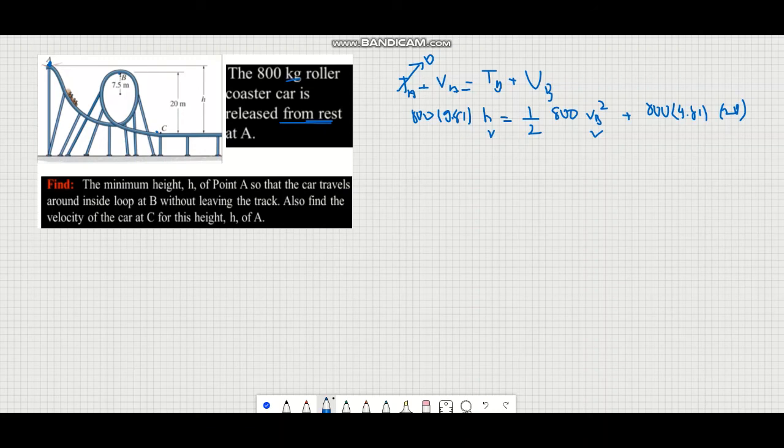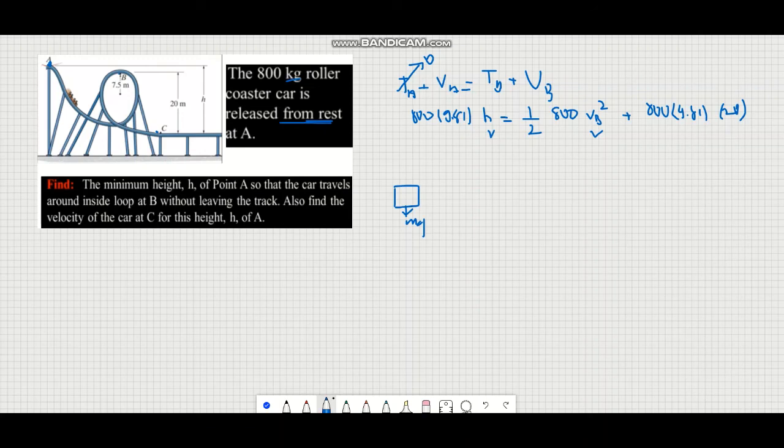Before we go through this one, we know the free body diagram, let's draw this roller coaster for the motion. We know that there is an mg on the downside at point B, right?